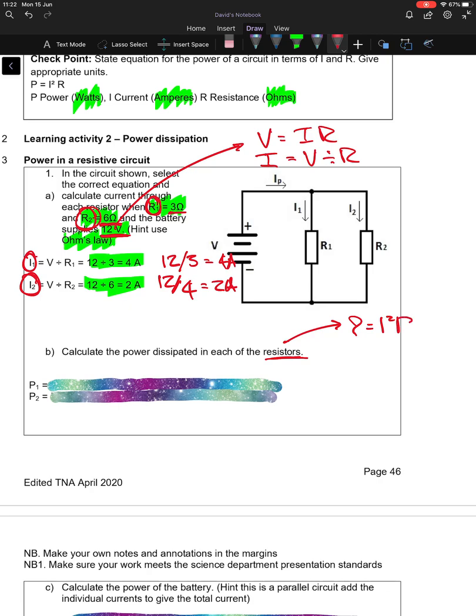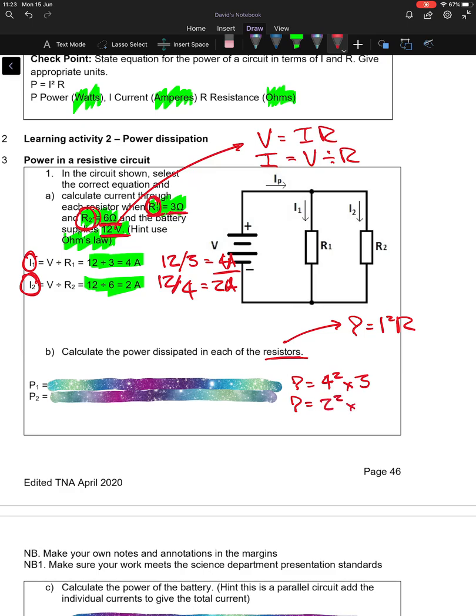Now calculate the power dissipated in each of those resistors. So, talking about resistors, P equals I squared R. Okay. So we've been given current, we've worked out current, and we've got resistance as well. So, for resistor 1, what's the current for resistor 1? It's 4 amps, isn't it? So that gives us 4 squared times, what's our resistance for resistor 1? 3.